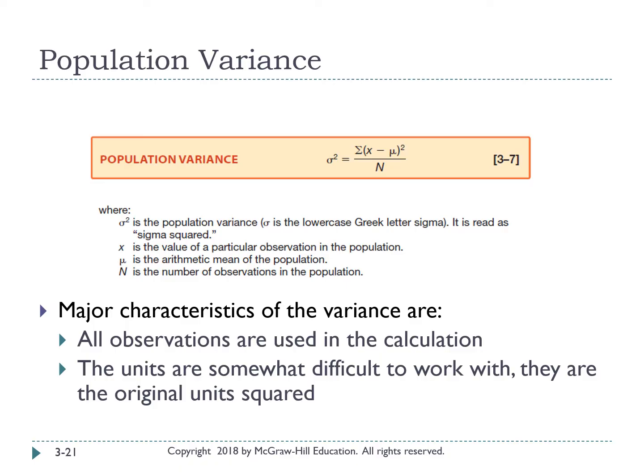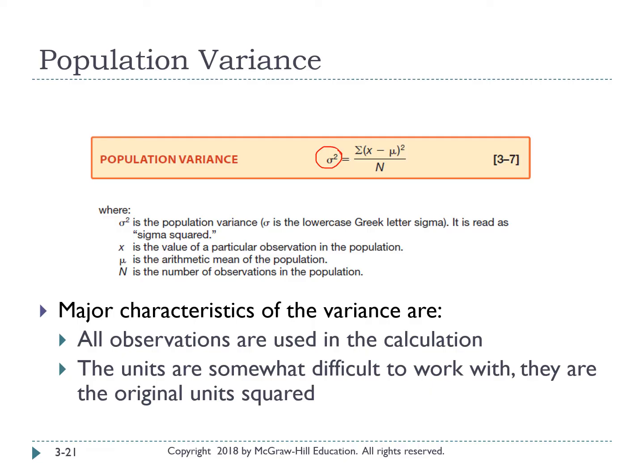Since range can be affected by extreme values, many people love to use variance. So let's look at the formula of variance. In this case, we talk about population variance. Variance can be represented with sigma squared. If you don't have the squared, you call it standard deviation.